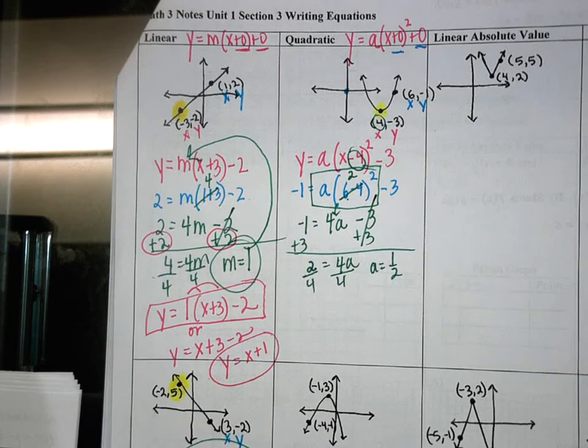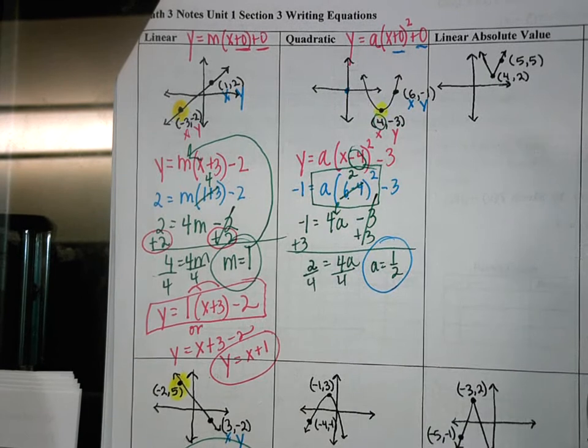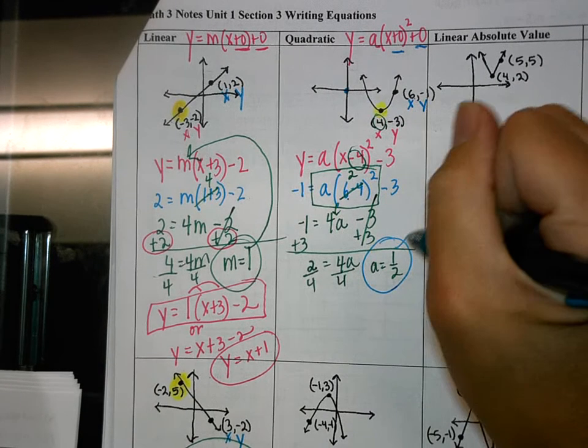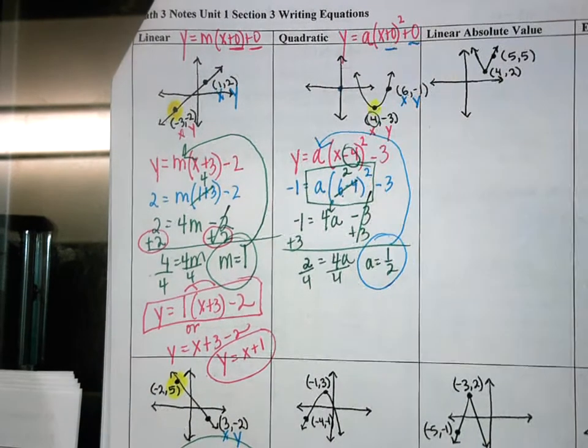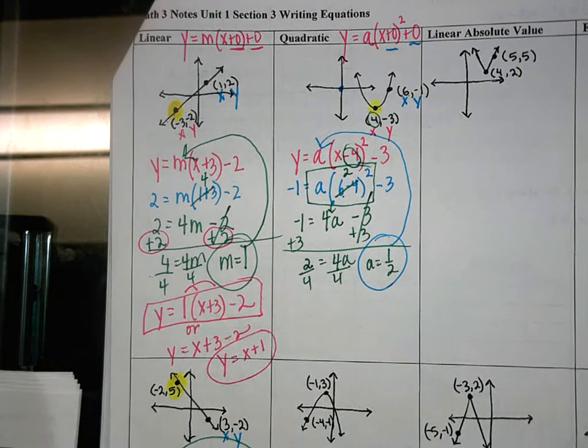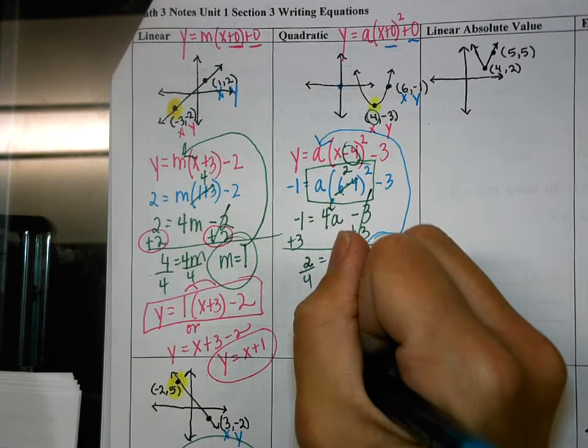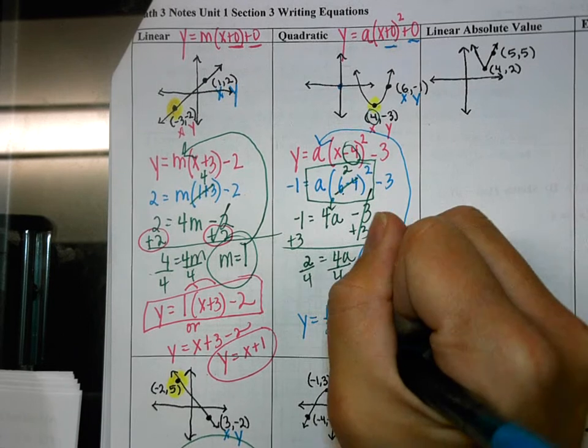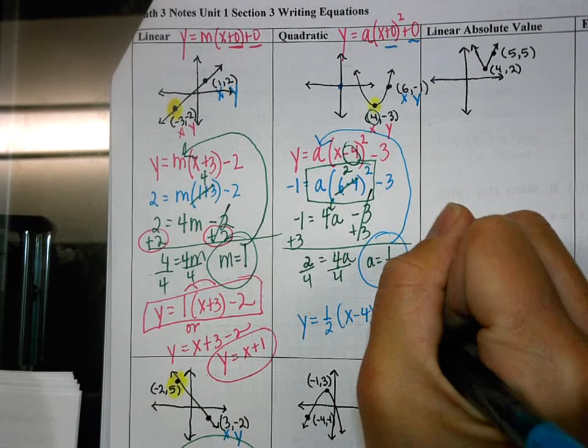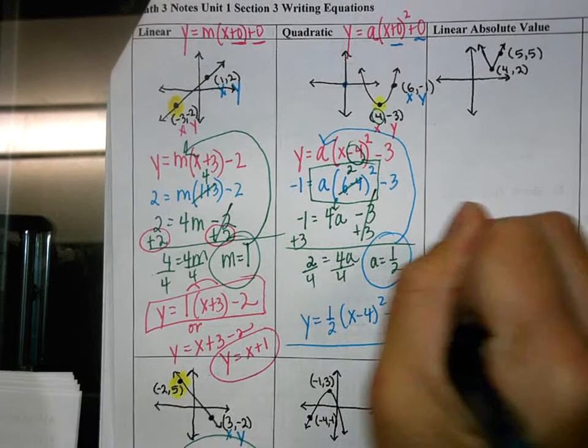So now that I have that information, we take that and plug it back into that original equation for a. Yes? So what is it going to be? Perfect. That's it.